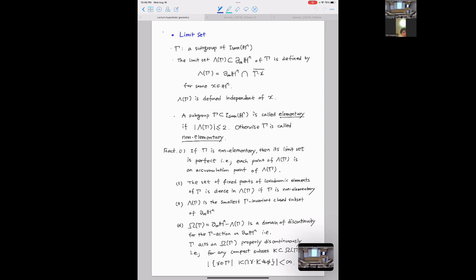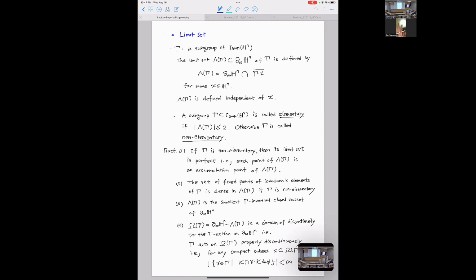So if you want to study the gamma action on the hyperbolic space, then by looking at the gamma action on its boundary, you can see how the action behaves inside the hyperbolic space.